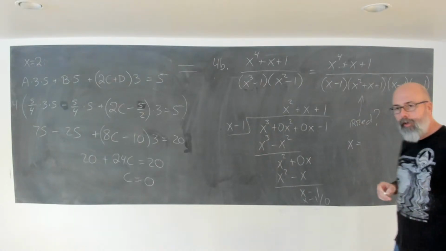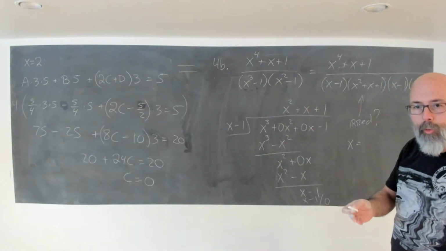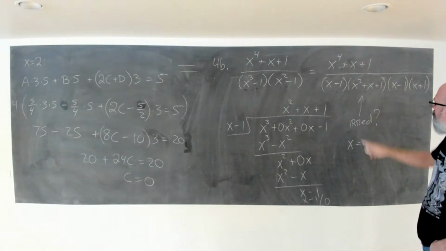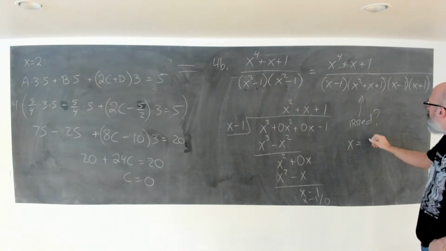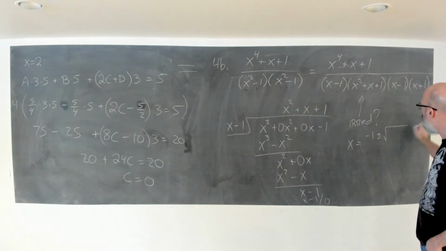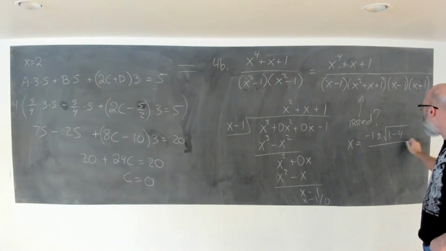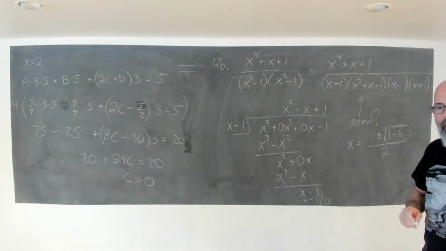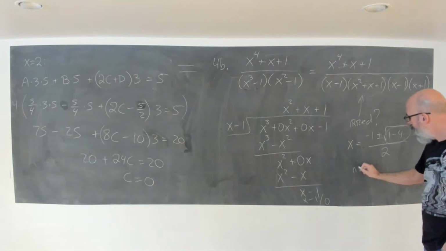To answer that, we're going to find the roots. If there are no real roots, then it is irreducible, because it's a polynomial of degree 2. Using the quadratic formula, negative b plus or minus square root of b squared minus 4ac over 2a, and there you go. Square root of a negative, no real roots.